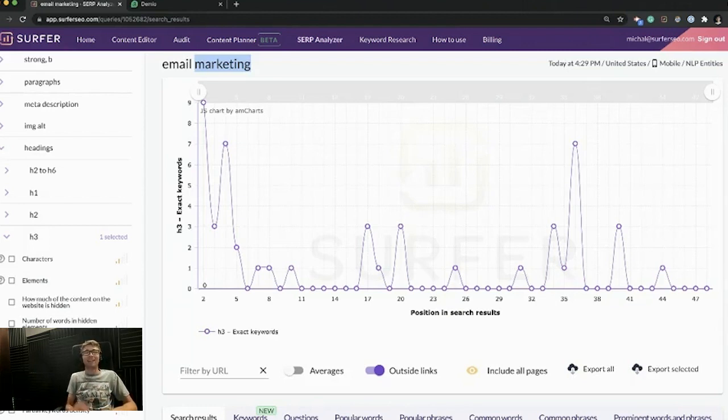In Google's eyes, they are really not about email marketing. How can you be about email marketing not using the keyword, especially when you see such a strong correlation in headings that are full of these keywords? This is insane. It can be the most impactful thing they can do in 30 minutes for their business, really.